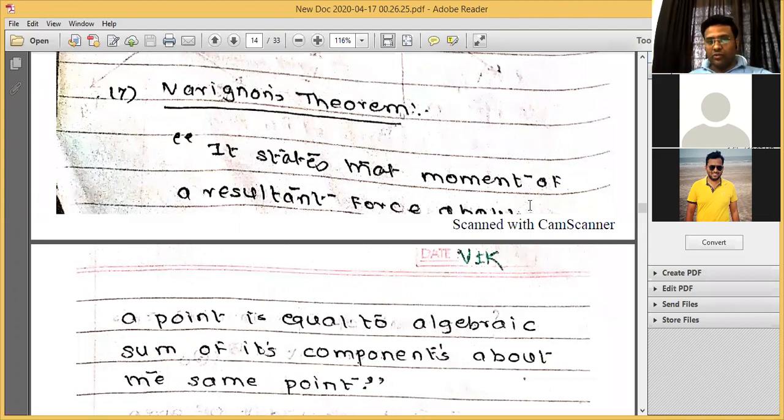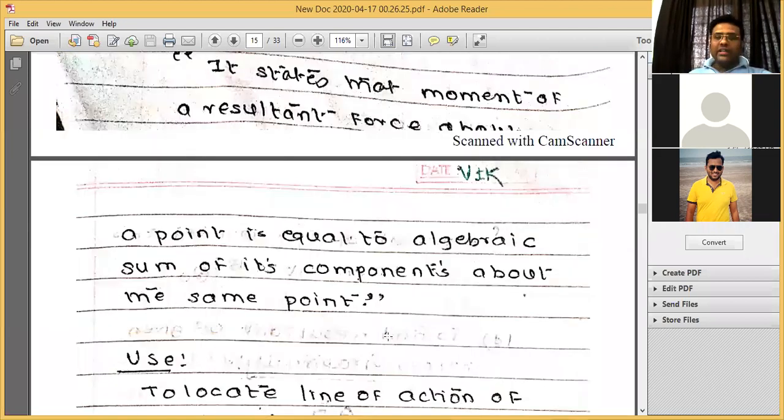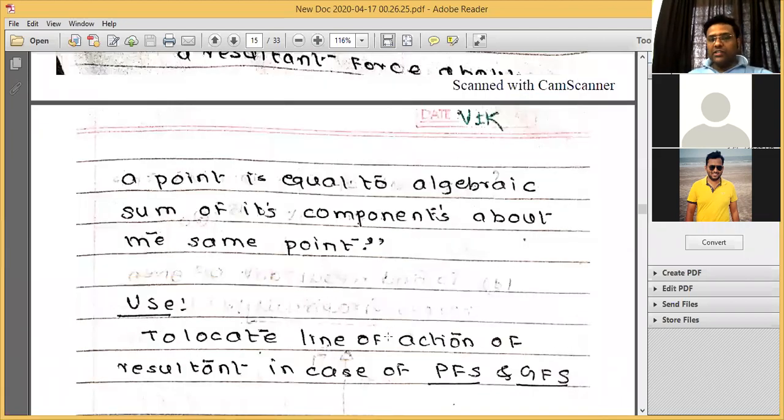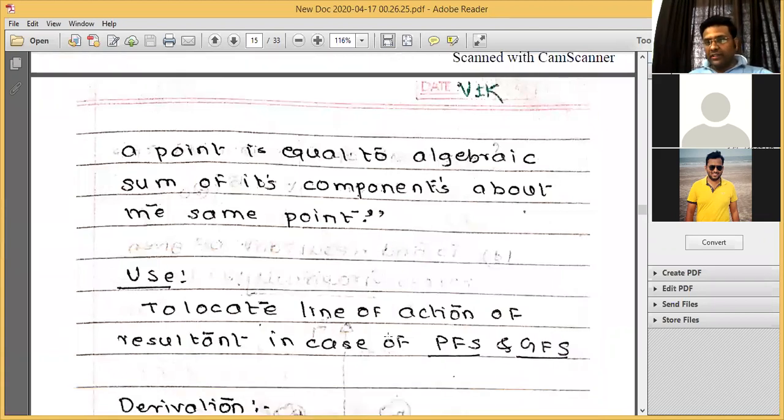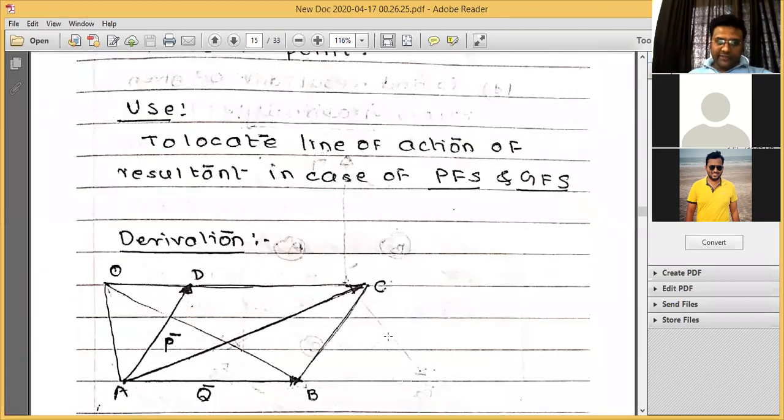Varignon's theorem. It states that the moment of a resultant force at a point is equal to the algebraic sum of its components about the same point. So if you want to calculate the line of action of the resultant of a parallel force system and generalized force system, you should use Varignon's theorem.